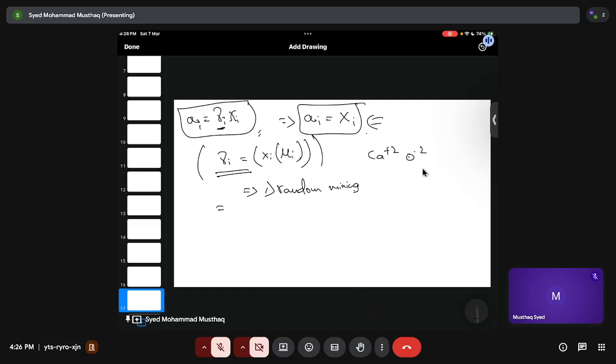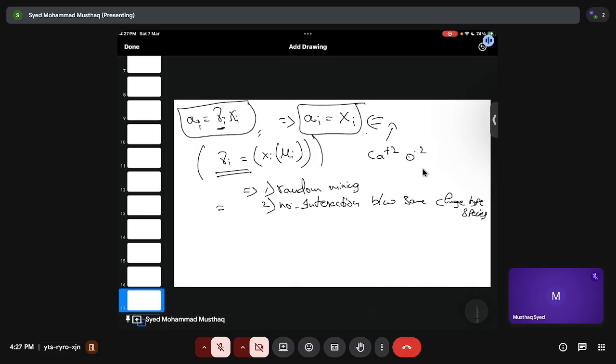The next important assumption is that cations and cations will not interact, and anions and anions will not interact. That is, no interaction between same charge type species.